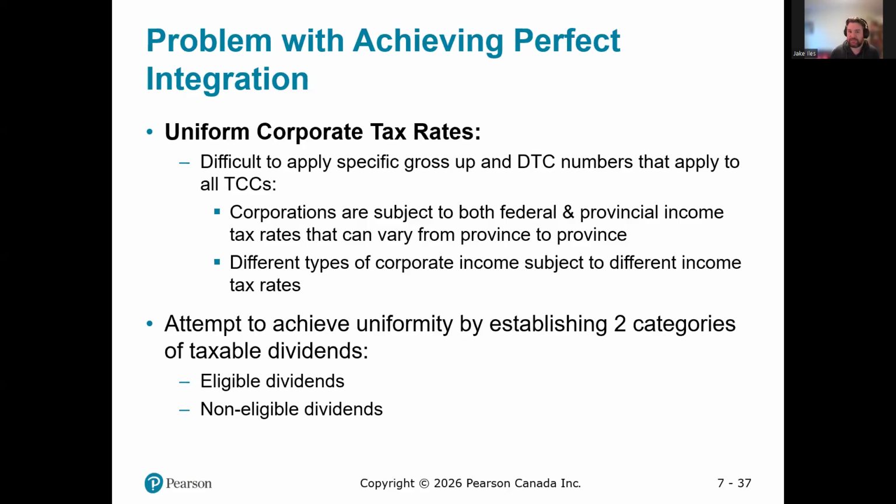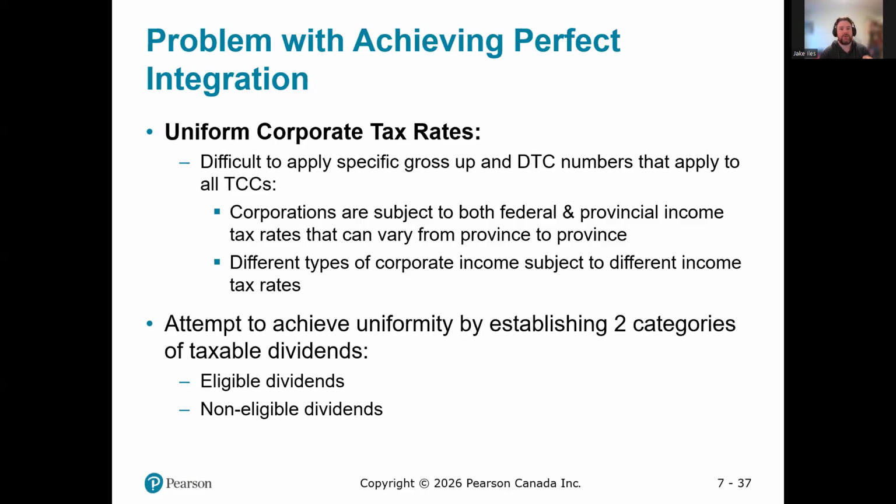Corporations that earn passive income or property income will be taxed at slightly different rates than business income in a corporation. Different provinces apply different tax rates. Because of the tax rate that any individual corporation is subjected to, in order to achieve perfect integration, our gross up rate would have to be just as varied. And that would make the process incredibly cumbersome and complicated.